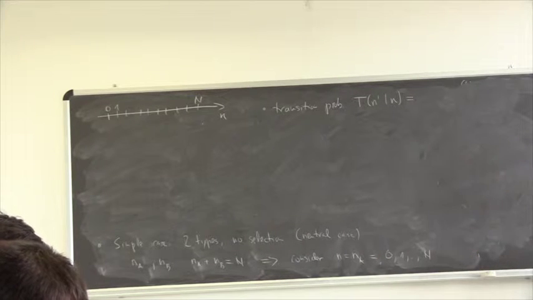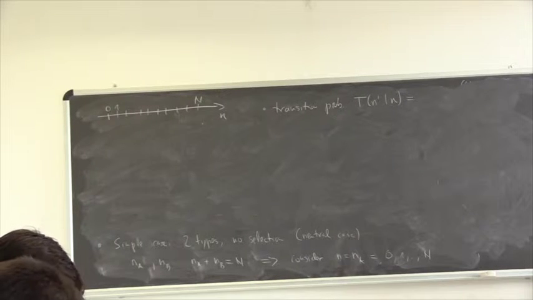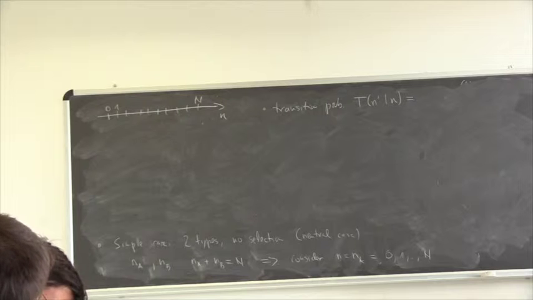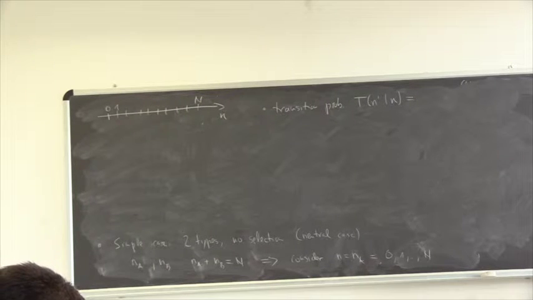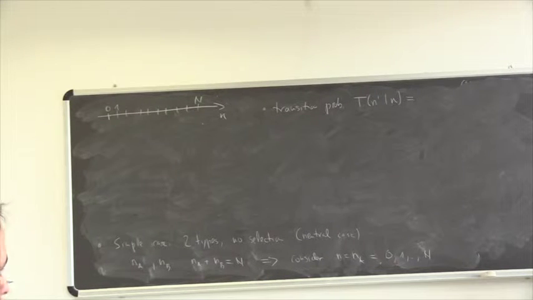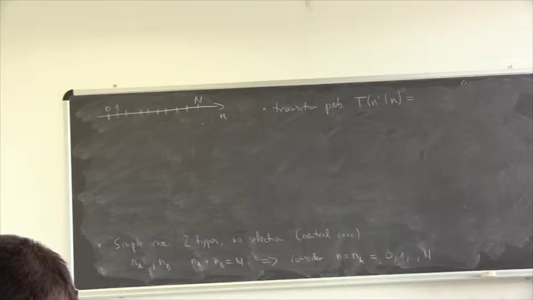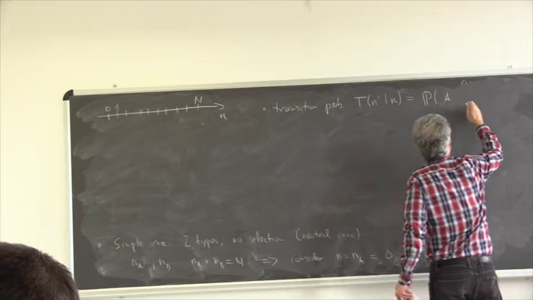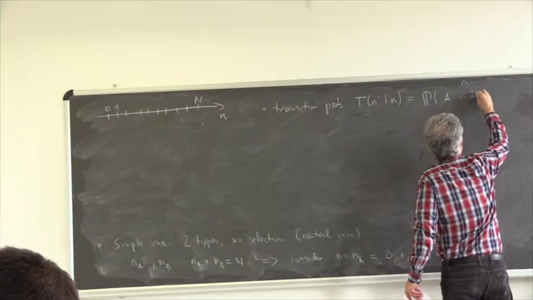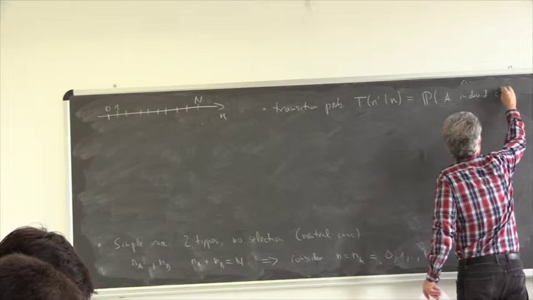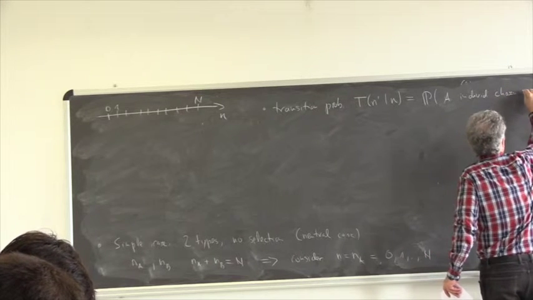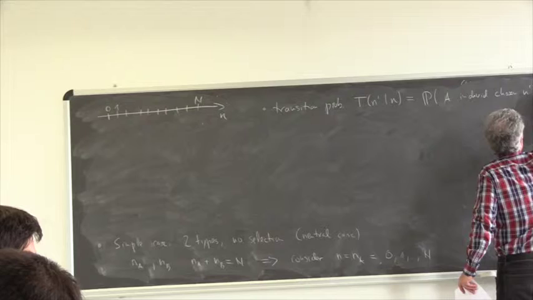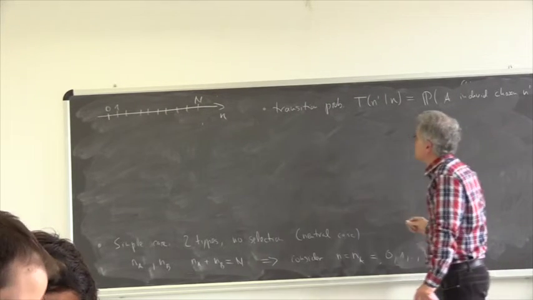And now, of course, everything is sort of random, so this is just the probability that when children choose their parents, the A type was chosen n prime times, right? So there's a probability that an A individual is chosen n prime times, in any order, of course.